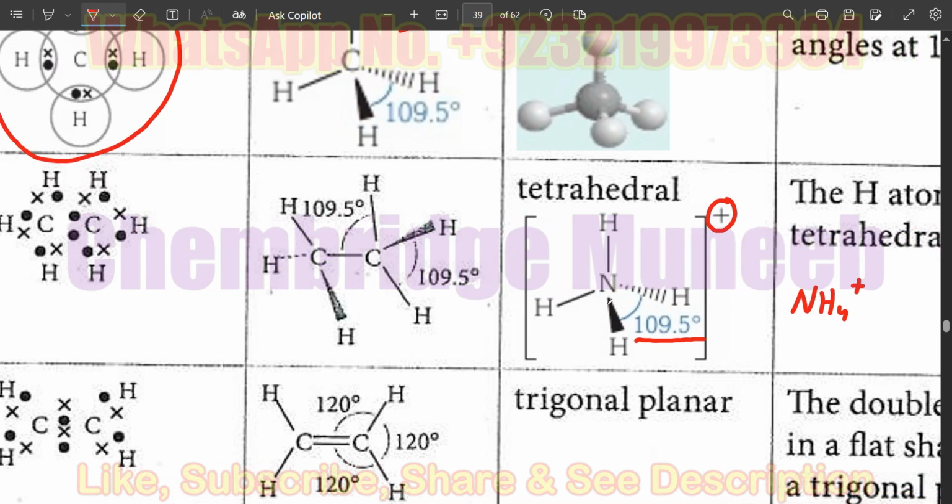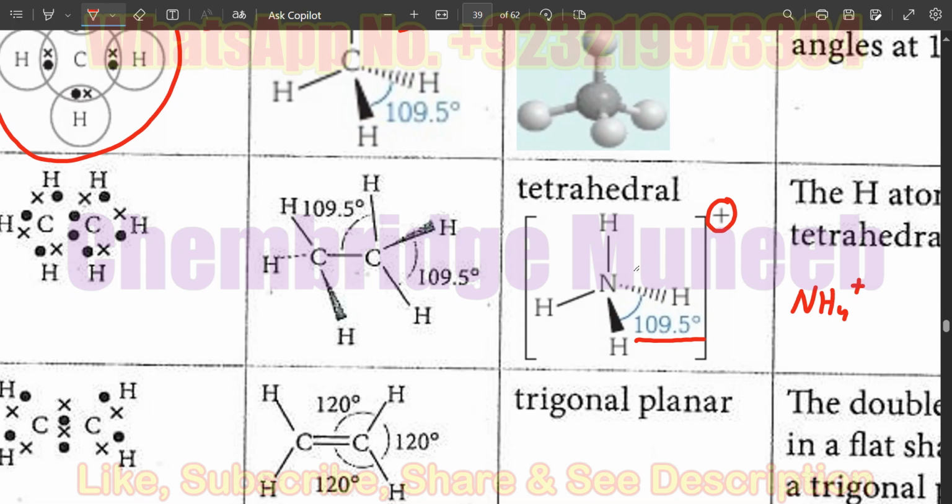Are you familiar with these bonds, these dotted and this dark bond? Yeah, the full dark one is going out of the page, and the dotted one is going into the page. Very good. It is going into the plane, the other one is coming out of the plane.